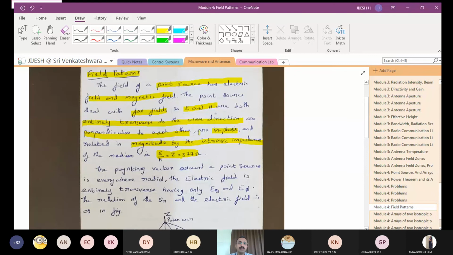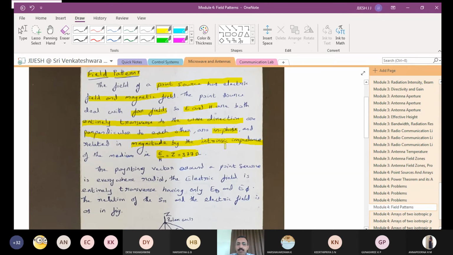So the point source has electric and magnetic fields entirely transverse to the wave direction and perpendicular to each other, in phase and related in magnitude by the intrinsic impedance. The E by H value, that is Z, is taken as 377 ohm. You can make a note of all these things.